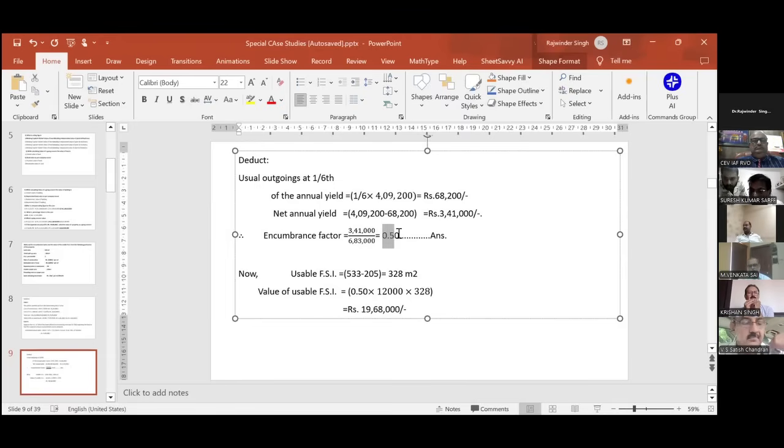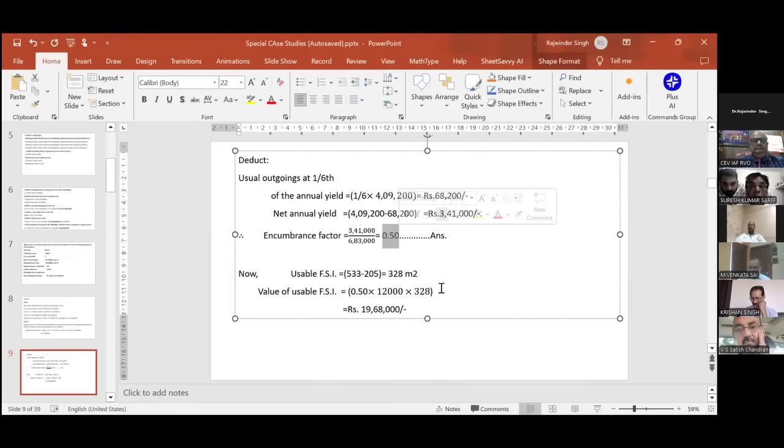So it is approximately 0.5 or 50%, we can say. So it is the ratio of return to the investment. Encumbrance factor is the ratio of return to the investment.